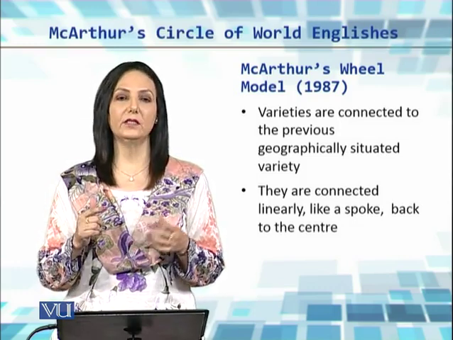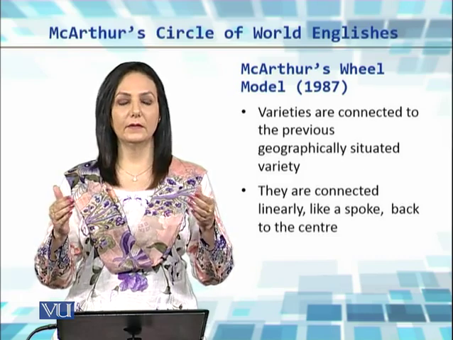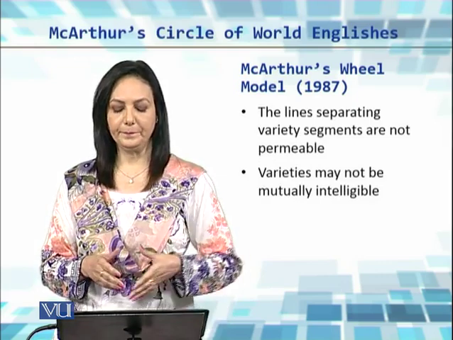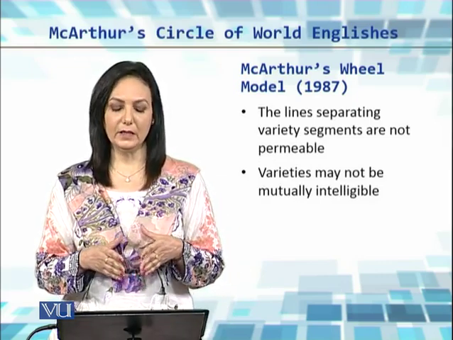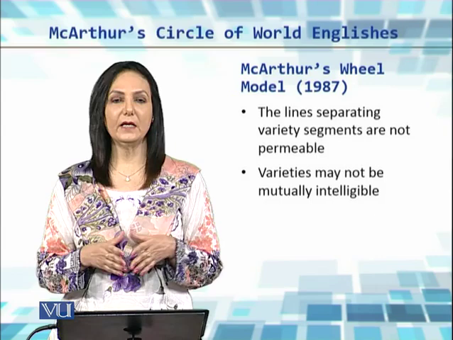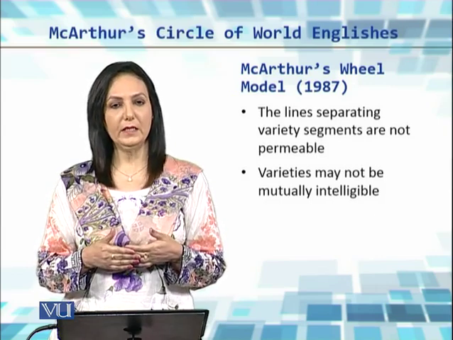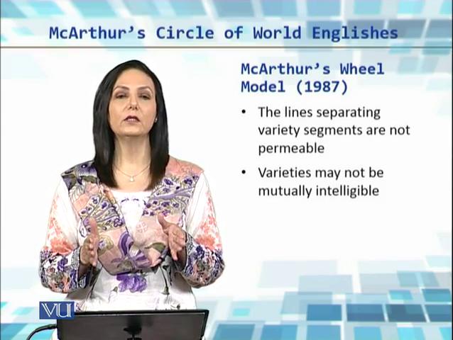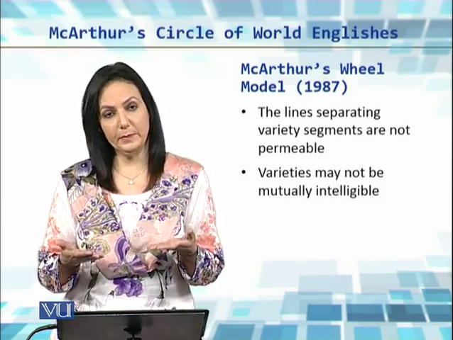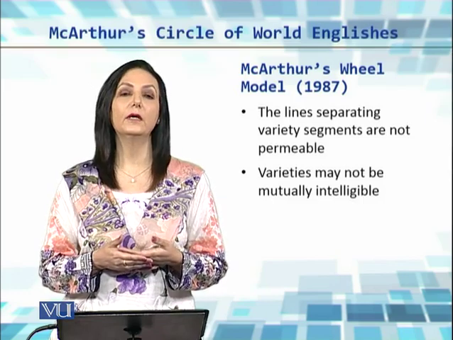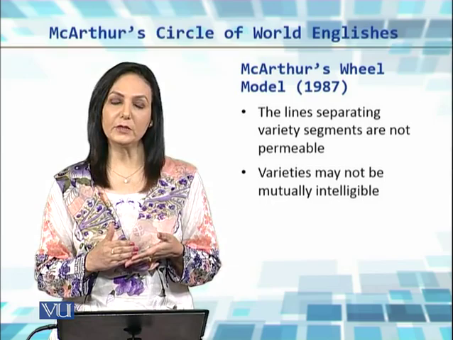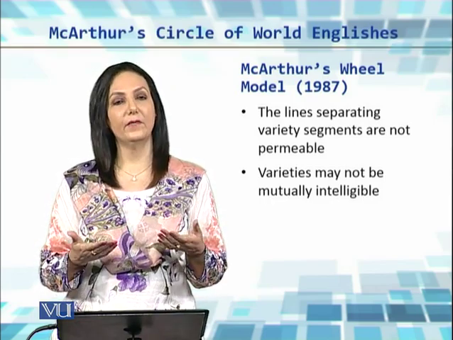So each variety is then connected with the world standard English. The lines separating these variety segments are not permeable, as we've already said. So the varieties which are next to each other are perhaps not mutually intelligible completely, or are very different from each other. Therefore South Asian English will be very different from, let's say, African English.